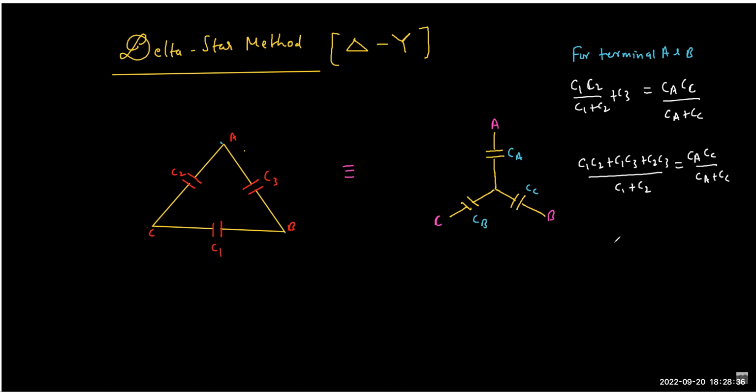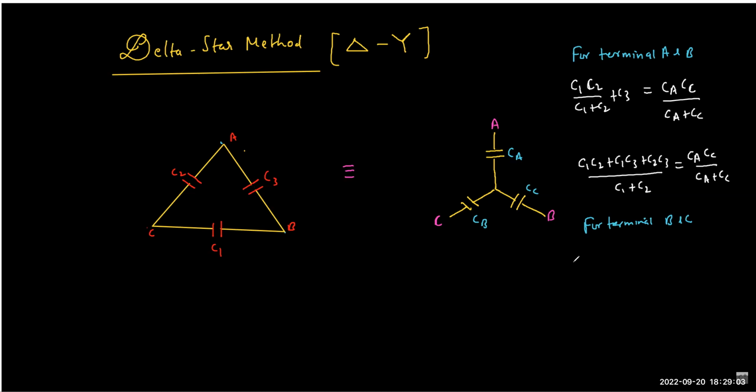Similarly, you can do it for the other terminals. For terminals B and C, what can we write in the delta form and what can we write in the star form? In the delta form, we can write C2 C3 by C2 plus C3, plus C1.